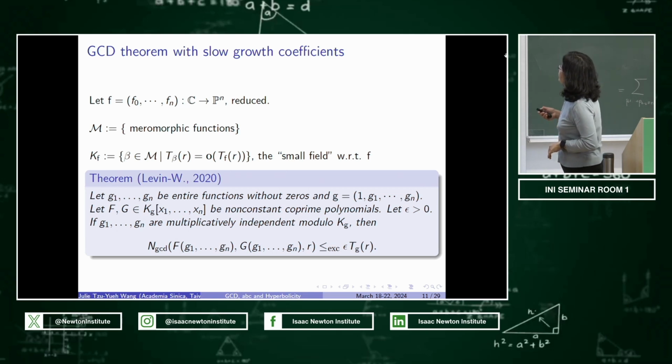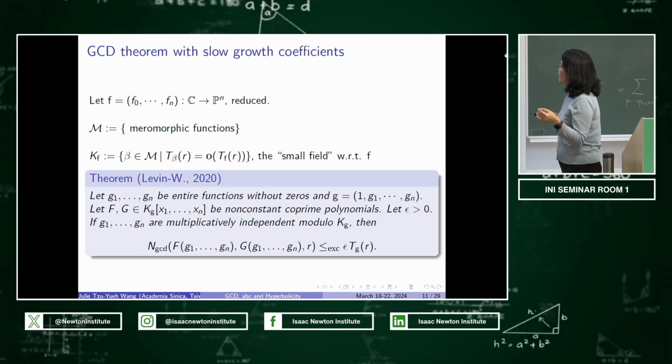The characteristic function measures how large the function is, and if the characteristic function is small, then this is a field, which we call KF.